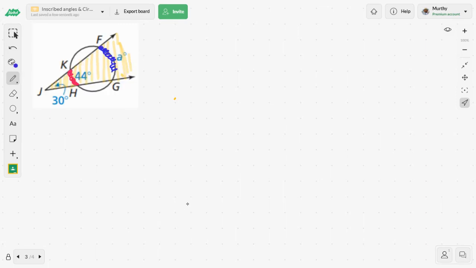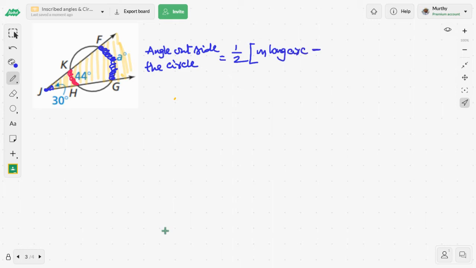This is the long arc. So whatever the question may be, first of all, let me write the condition. The condition is the external angle, or angle outside the circle, equals half the measure of the long arc subtract the measure of the short arc.